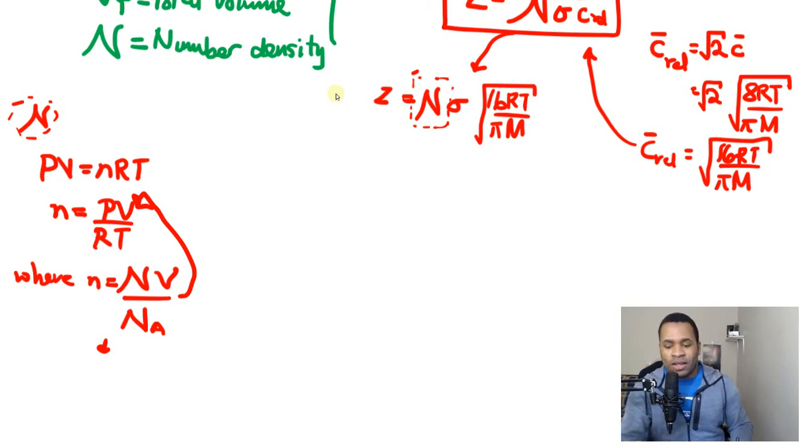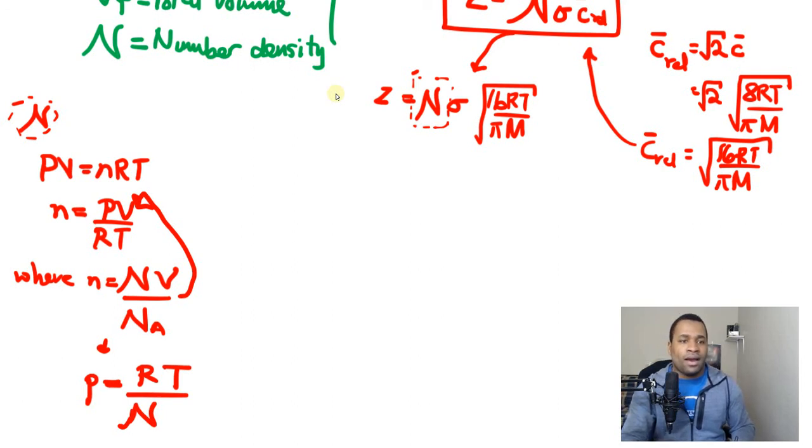Therefore, in this particular case, we have our pressure to be equal to, where n is now there, and we move our RT to the top, so we have RT divided by our volume, which is cancelled out, and we have our number density.